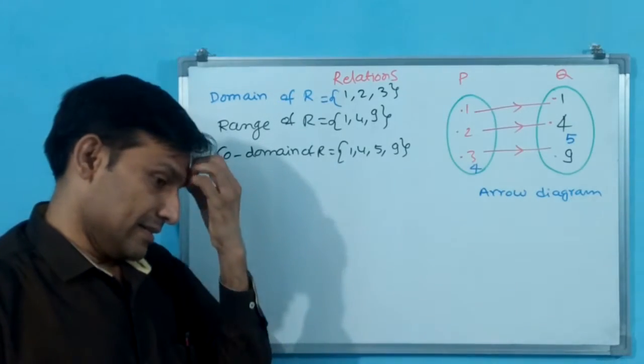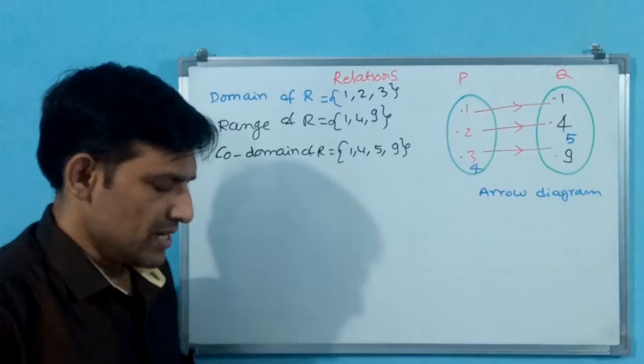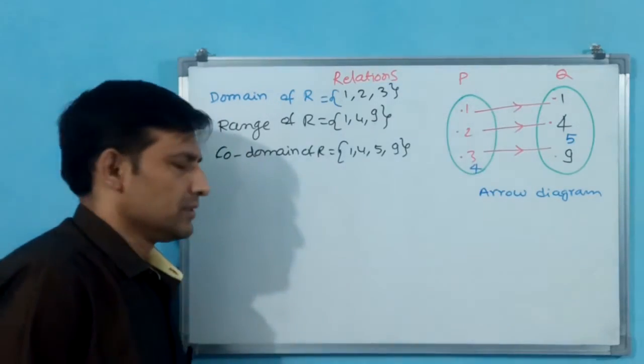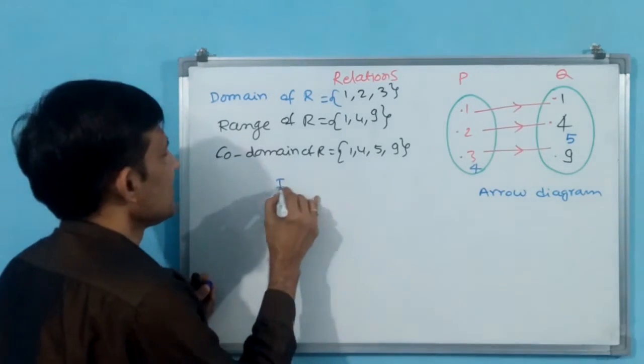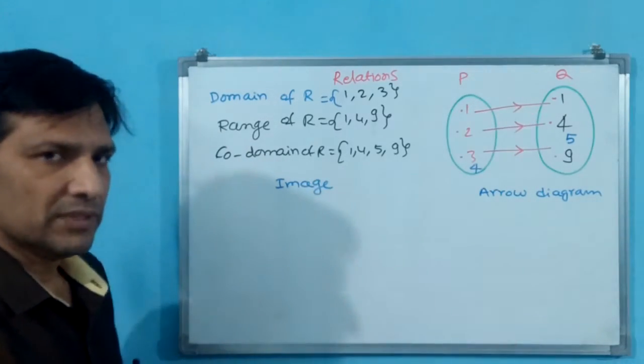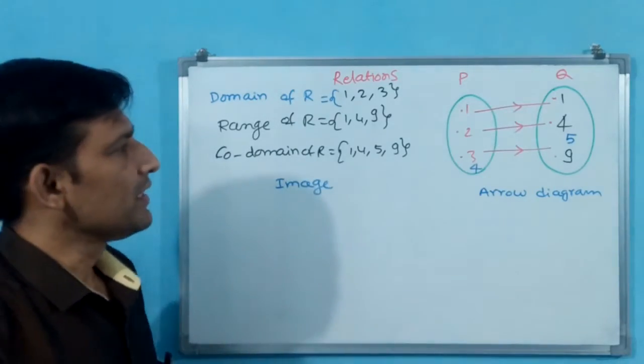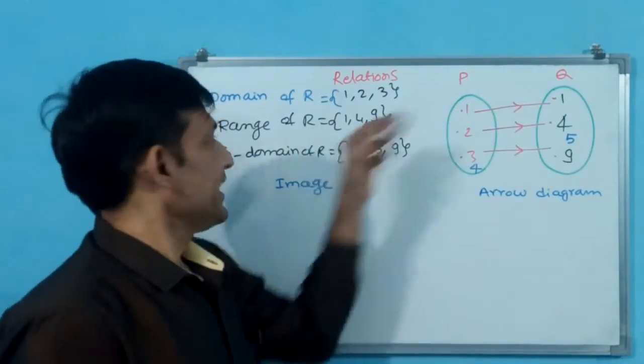And two more words are there, image and pre-image. Those also we will see. First we will understand image, then we understand the pre-image. Image means here in the Q area, the range area.